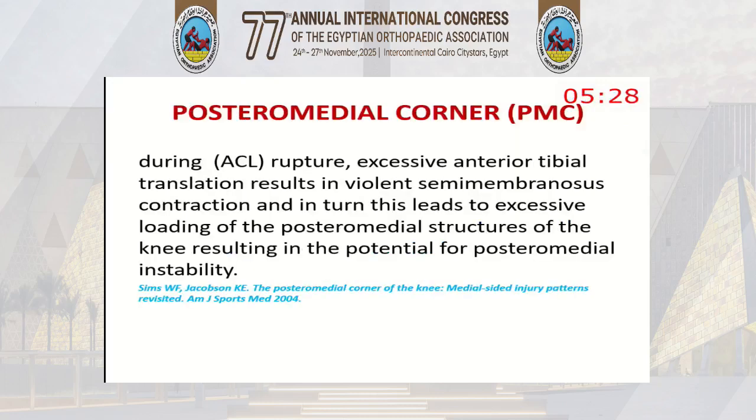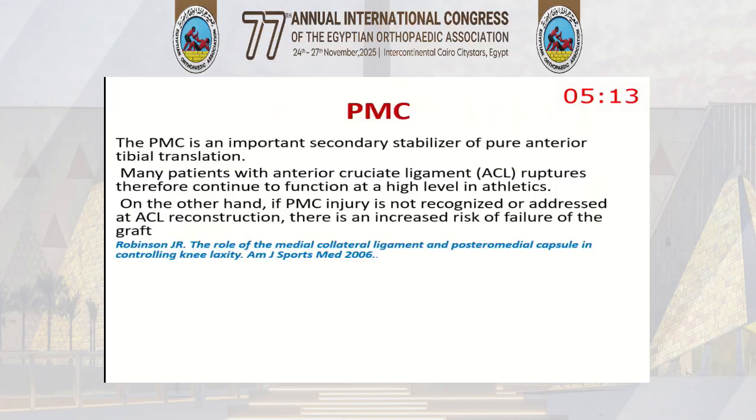The posteromedial corner: what happens during ACL rupture? Excessive anterior translation and violent contraction of the semimembranosus tendon. This leads to overloading of the posteromedial structures and results in posteromedial instability. So the posteromedial corner is an important second stabilizer to pure anterior tibial translation, and many patients with ACL rupture can continue their athletic function due to an intact posteromedial corner.